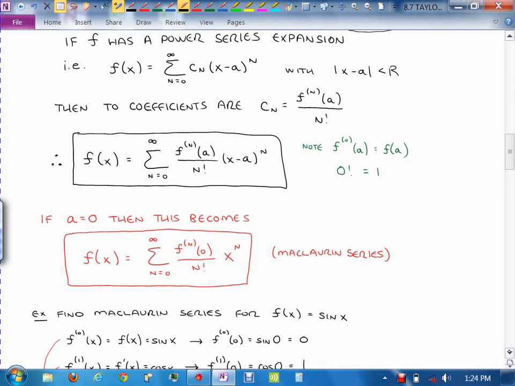If you do a Taylor series centered at 0, not at a, this is the formula. Do you see the difference? This series is called the Maclaurin series. So a Maclaurin series is a very special case of a Taylor series. It's a Taylor series with a being what? 0.